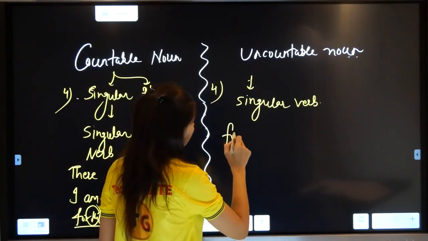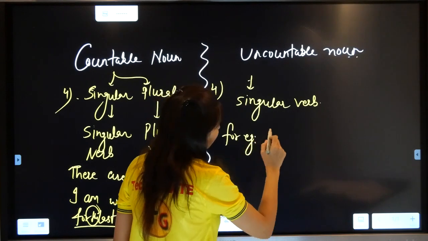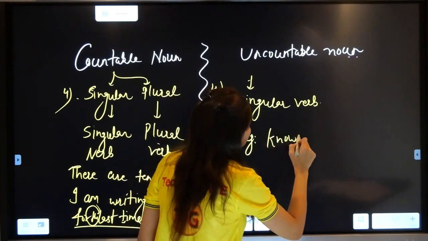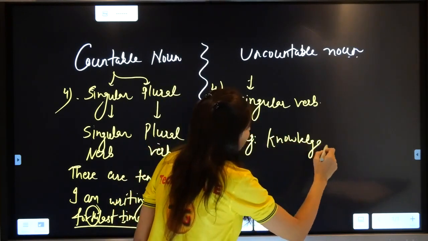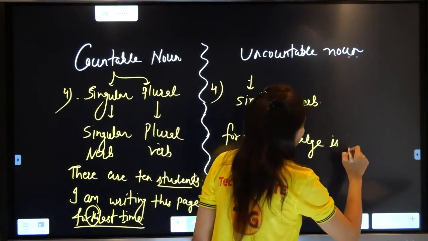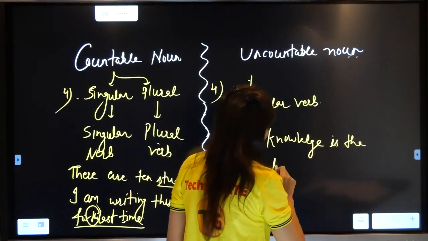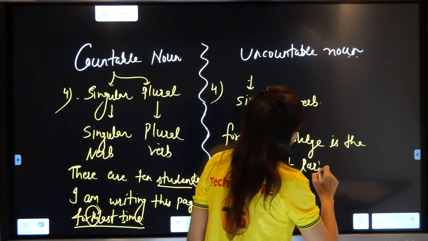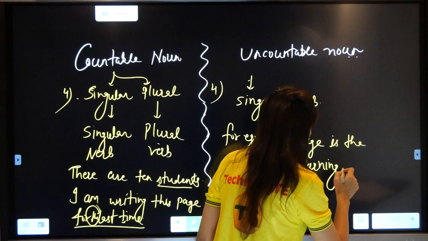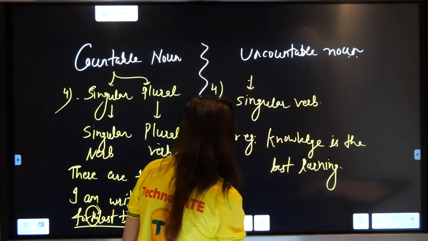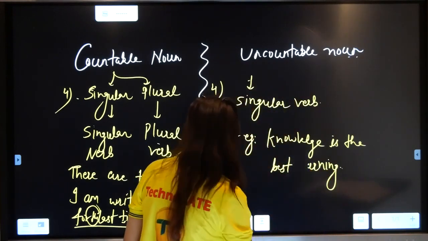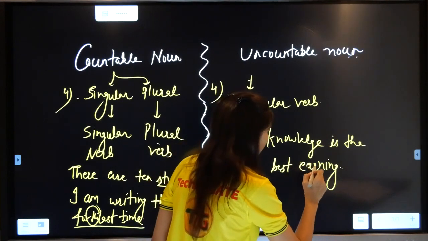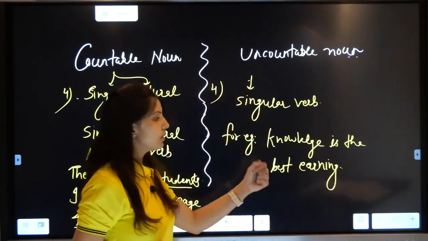For example, knowledge is the best earning. If I say knowledge is the best earning, this is E-A-R-N-I-N-G. Knowledge is the best earning.